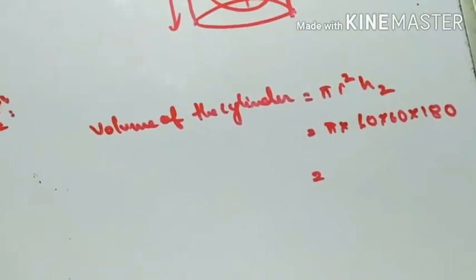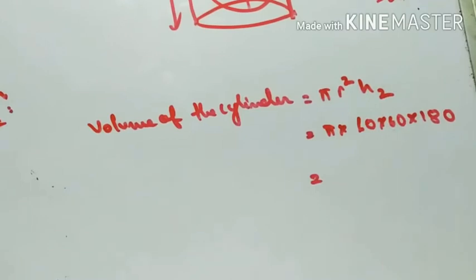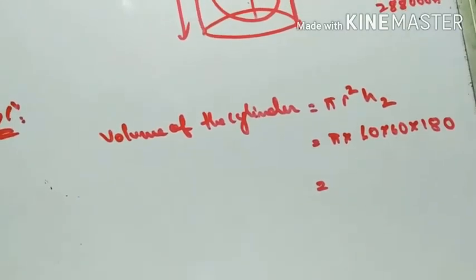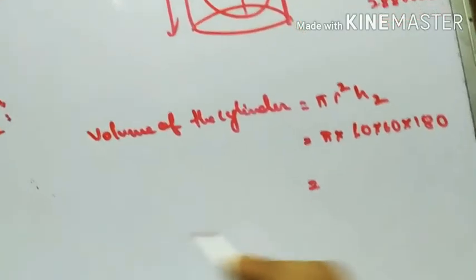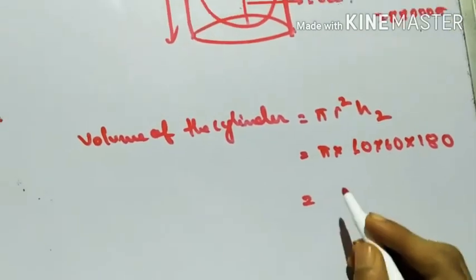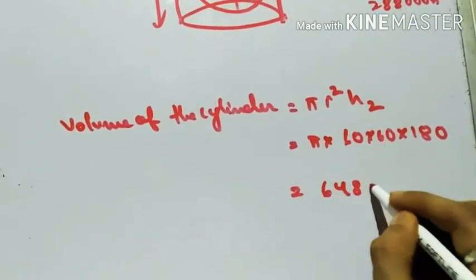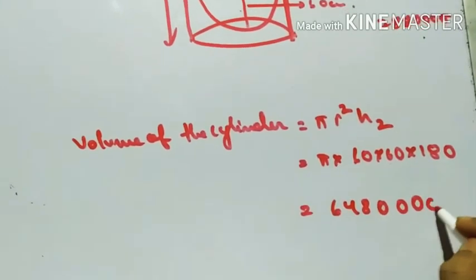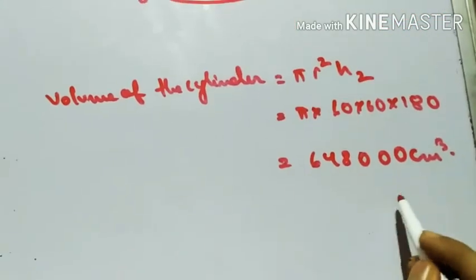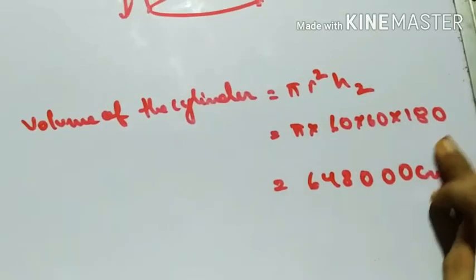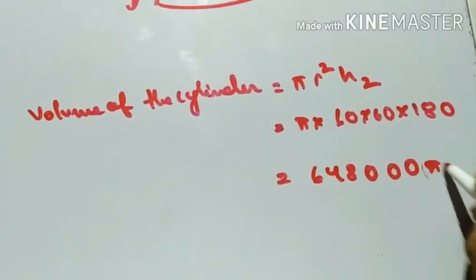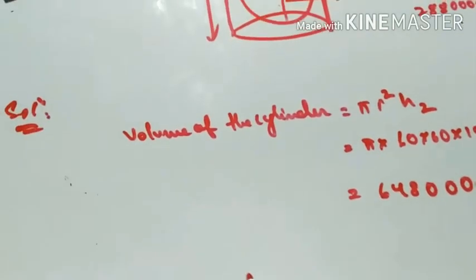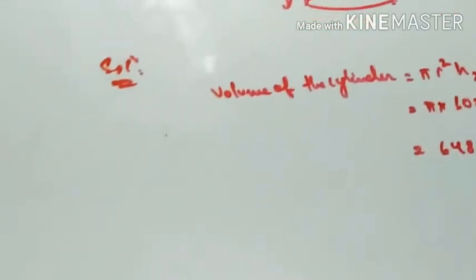So 180 into 60 into 60 equals, I will get 648,000 pi centimeter cube.